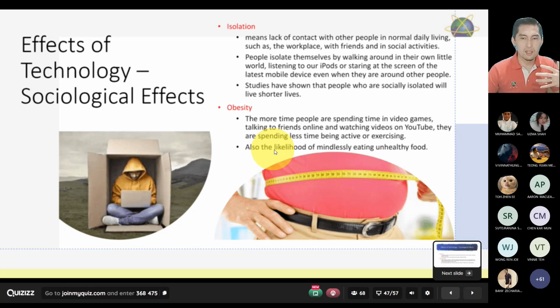There's also the likelihood of you mindlessly eating unhealthy food because of, number one, the lesser exercise that you have, and on top of that, you consuming a lot of this information that you see on social media, and you tend to then move towards the types of food that are Instagrammable, as I always like to call it, that is social media worthy for you to post online.